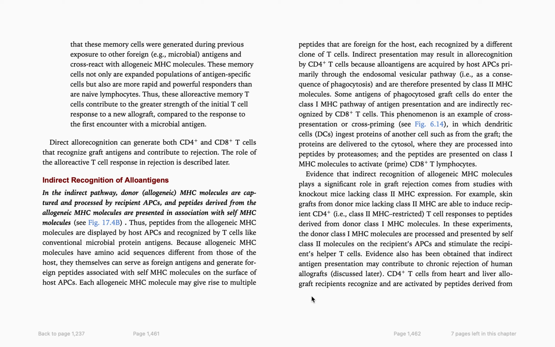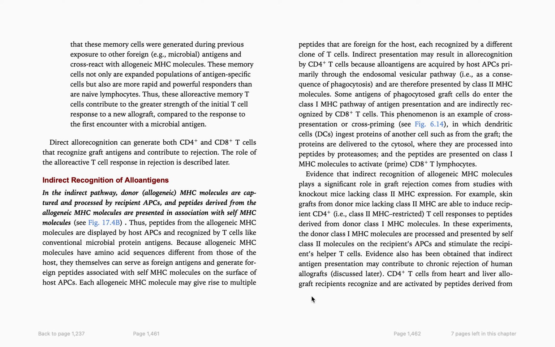This phenomenon is an example of cross-presentation or cross-priming, in which dendritic cells ingest a protein of another cell, such as from the graft. The proteins are delivered to the cytosol where they are processed into peptides by proteasomes, and the peptides are presented on class 1 MHC molecule to activate naive CD8 T cells.